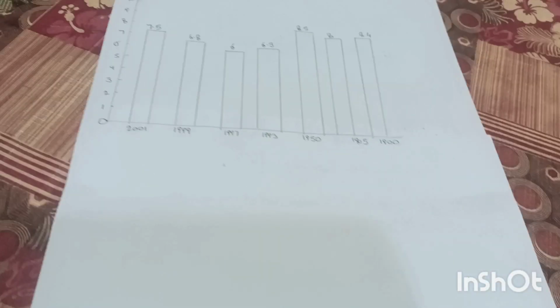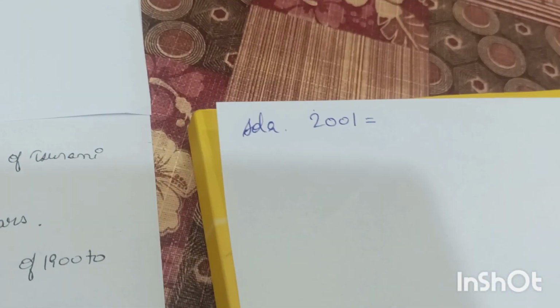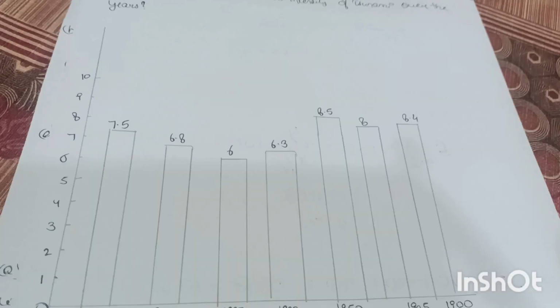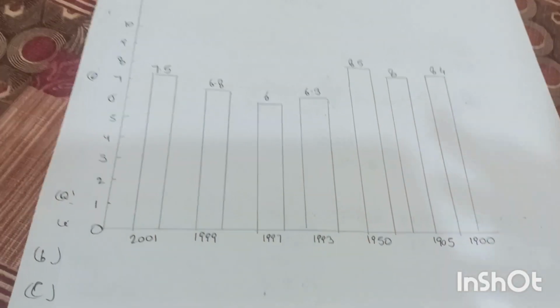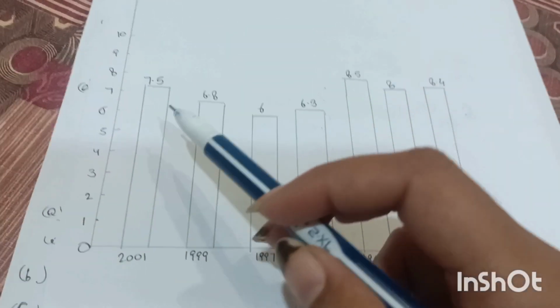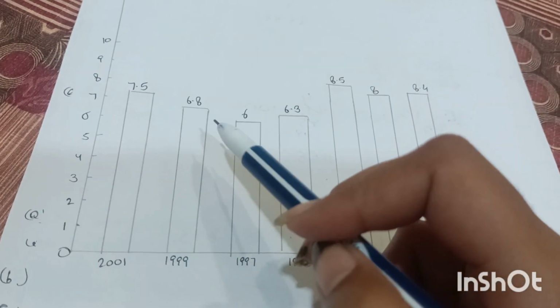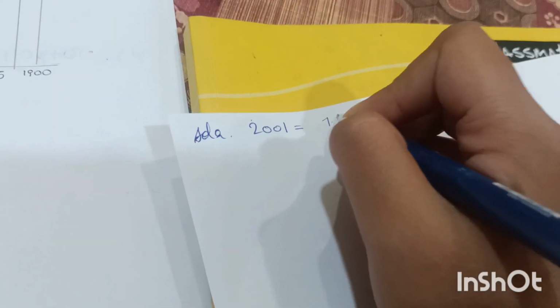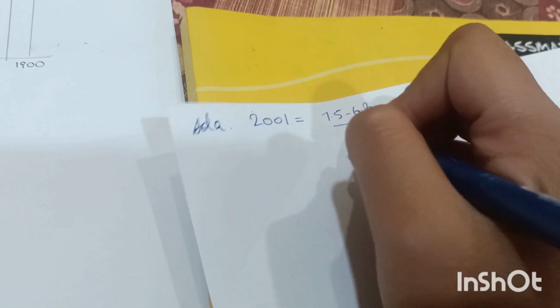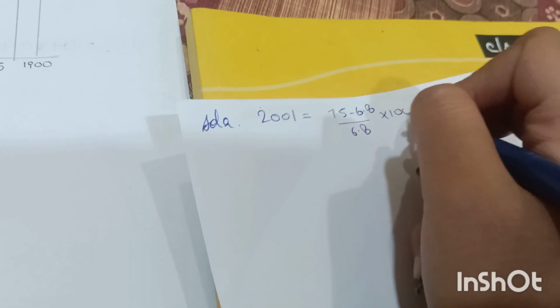percentage. So let's solve. First we'll solve for 2001. So for 2001, you have to find by 7.5 minus 6.8. Okay, so now let's solve. 7.5 minus 6.8 upon 6.8 into 100.